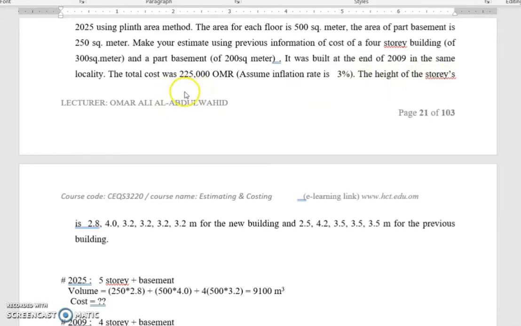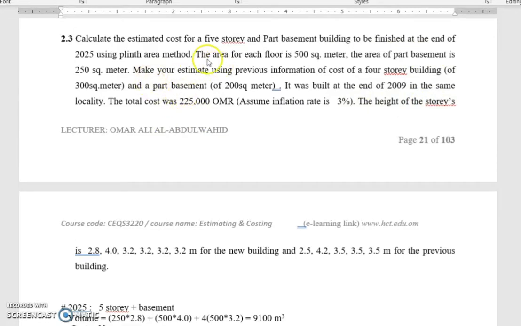Okay, so assume the inflation rate is 3%, the height of the story. I think it is not the plinth area method, it is the volume method.